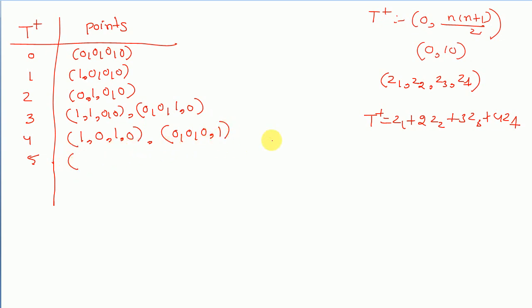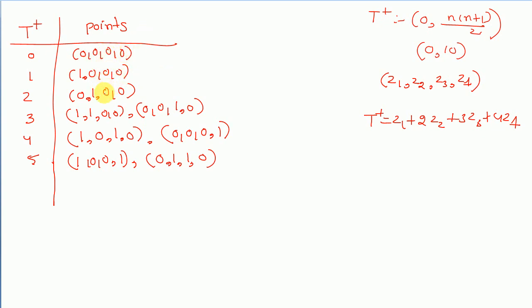For making 5, we can make Z2, Z3 0 first, and then make Z1 and Z4 equal to 1, then it will be 1, 0, 0, 1, and 0, 1, 1, 0. So these are all the points for which the value of T plus is less than or equal to 5.